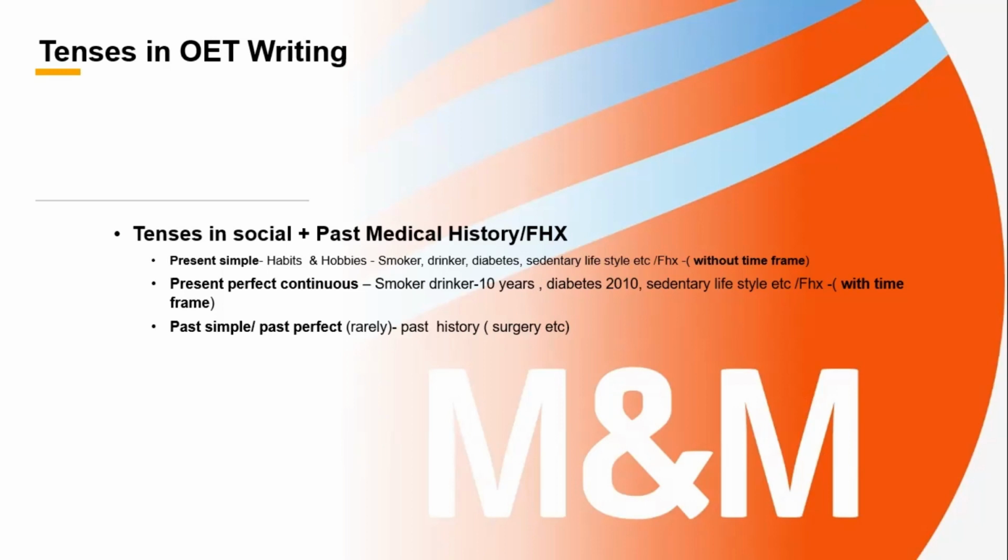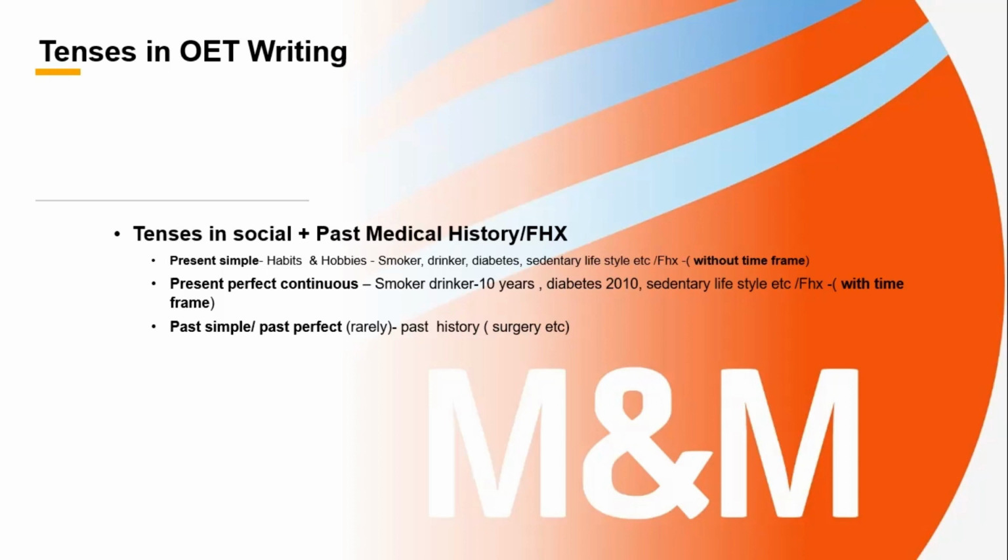Similarly, if we have habits and hobbies but the time frame is mentioned, such as smoker, drinker for 10 years, diabetes from 2010, we can translate these case notes into the form that will adopt present perfect tense. For example, he has been a smoker and drinker for the last 10 years, or he has had diabetes since 2010.